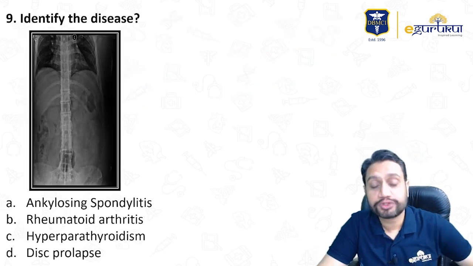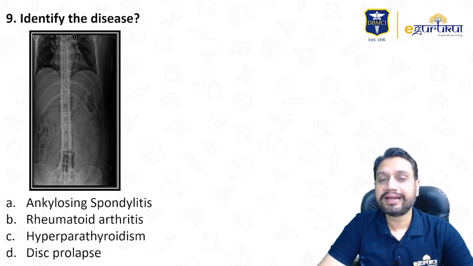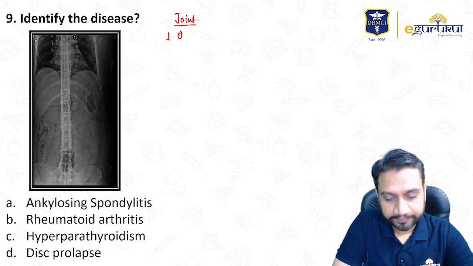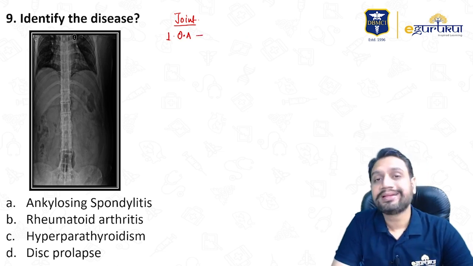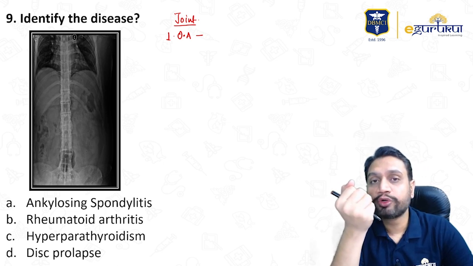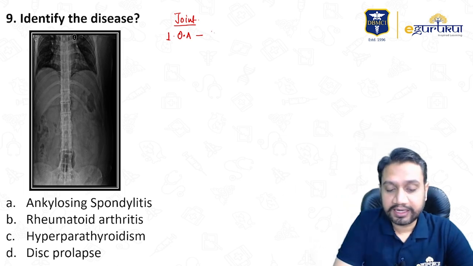Then the next one I have kept for you is from the joint conditions, and I want you to remember the important highlighted features of all the joint arthropathies. For example, number 1, OA. In the hand there will be Heberden's or Bouchard's nodes. Then remember in what conditions high tibial osteotomy is not to be done.